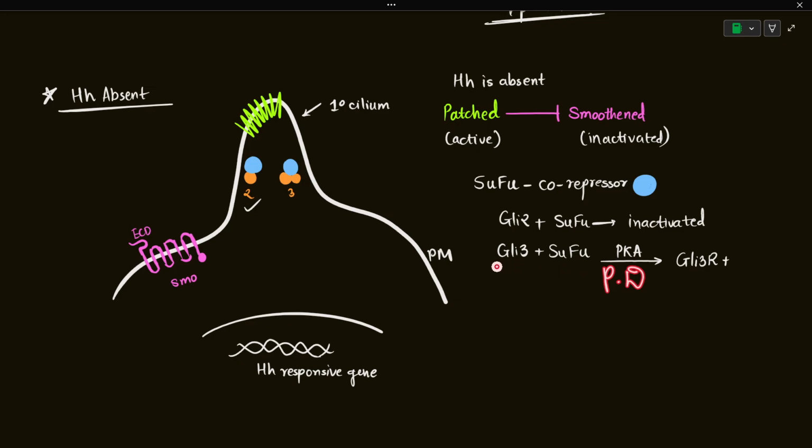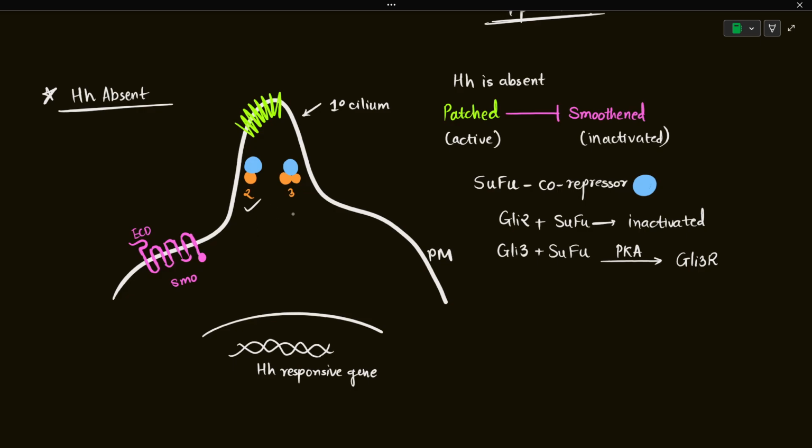Because due to the phosphorylation of GLI3, it will be subjected to ubiquitination, and that is going to result in proteasomal degradation of GLI3, and this GLI3 will be broken down into a smaller part and a larger part. The larger part will be totally degraded, and the smaller part will work as a repressor, which is referred to as GLI3R, the GLI3 repressor.